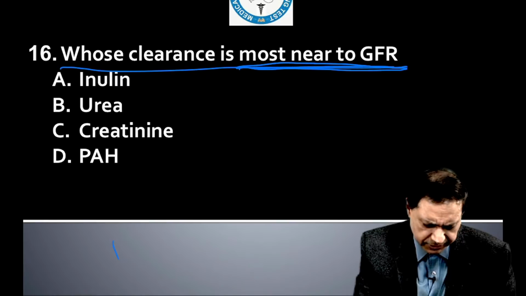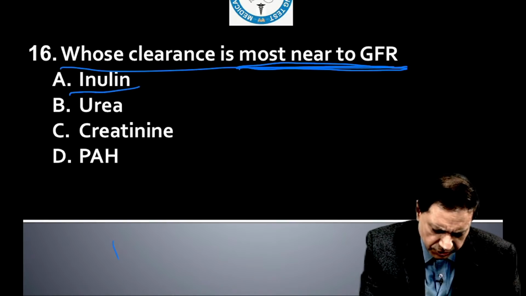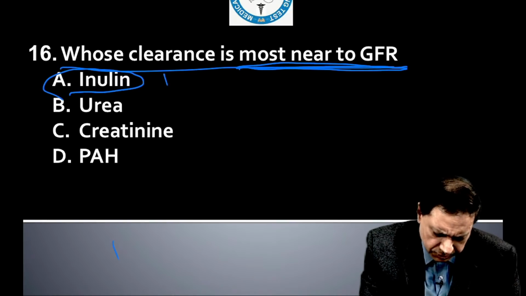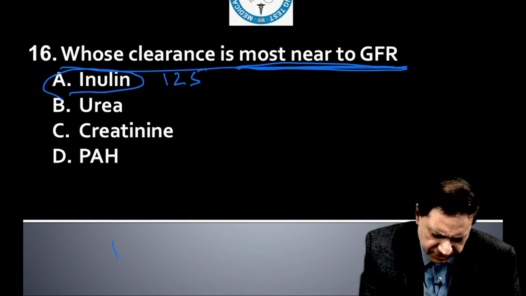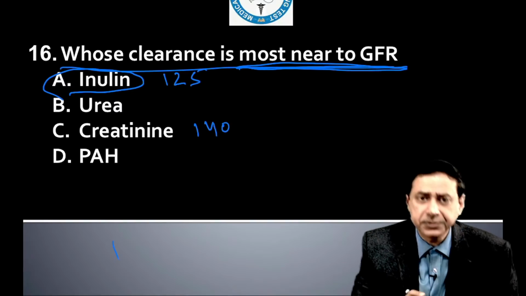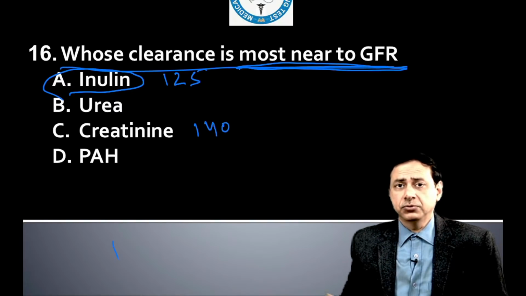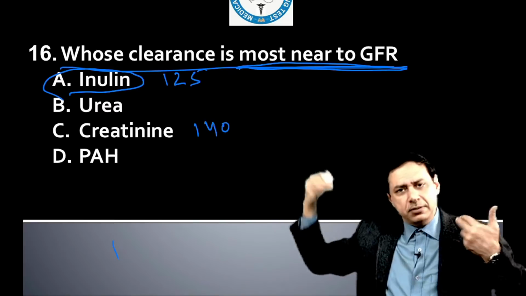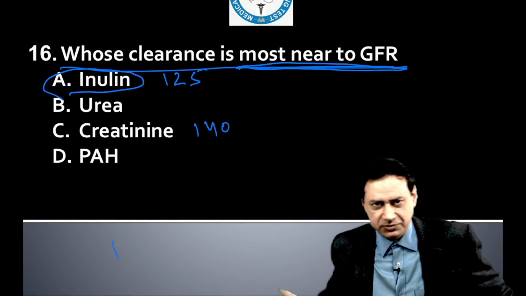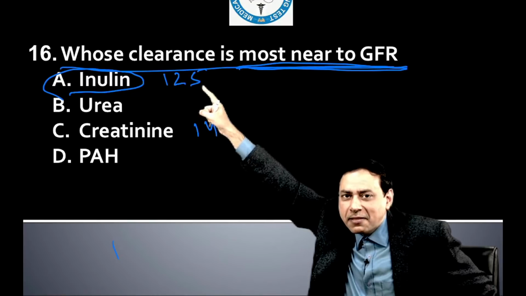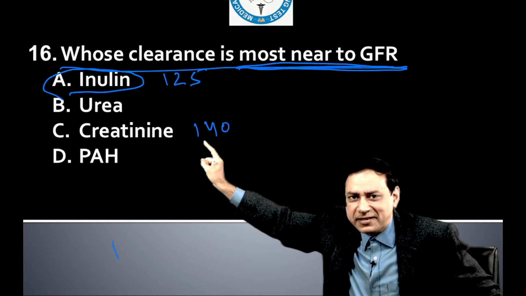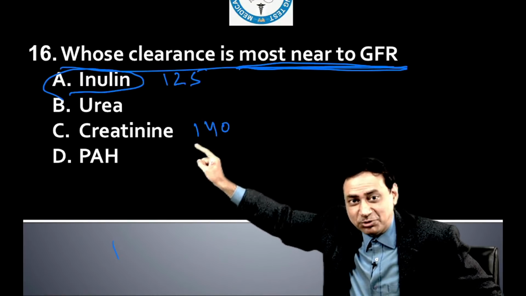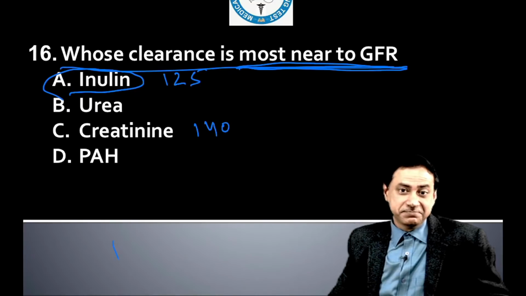Which is most accurate? The answer should be inulin. Inulin is 125, creatinine is 140. If inulin is not in the choices, then I'll go for creatinine. If both are there, I'll go for inulin.